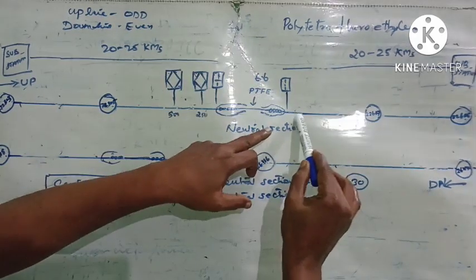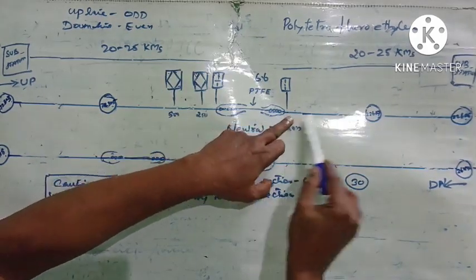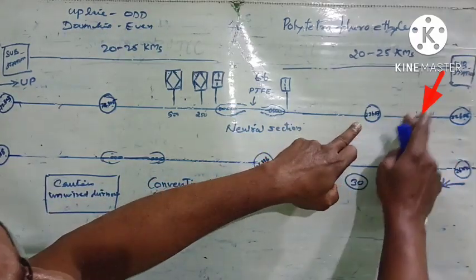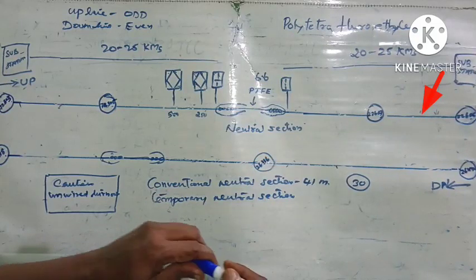Suppose there happens to be some work here, that means beyond this 1 kilometer, a temporary neutral section will be created here, a temporary neutral section.